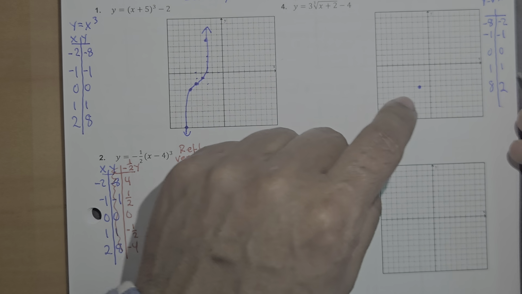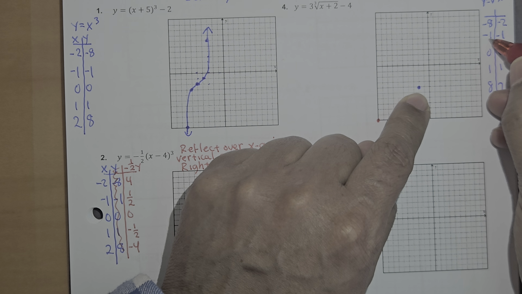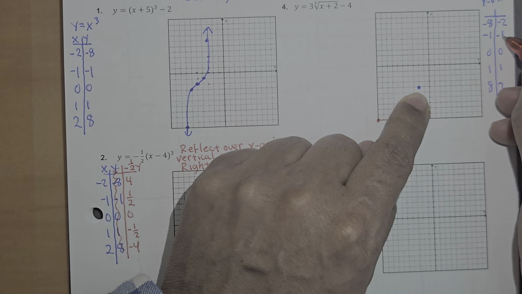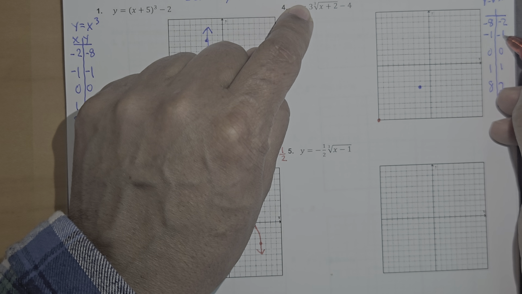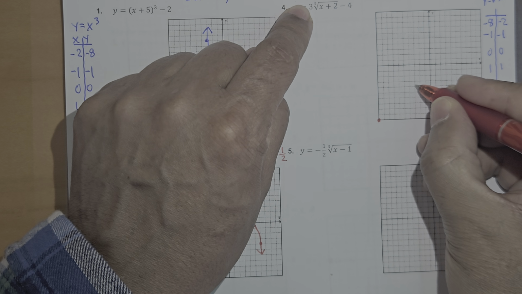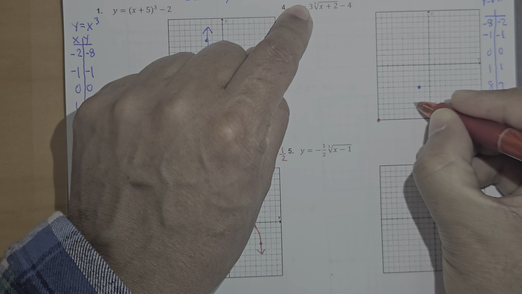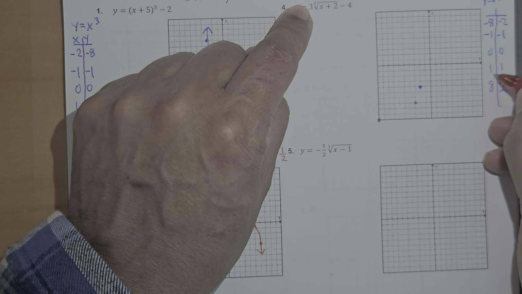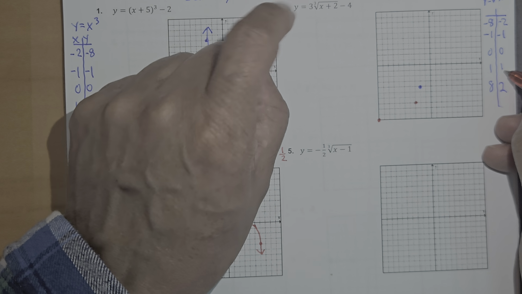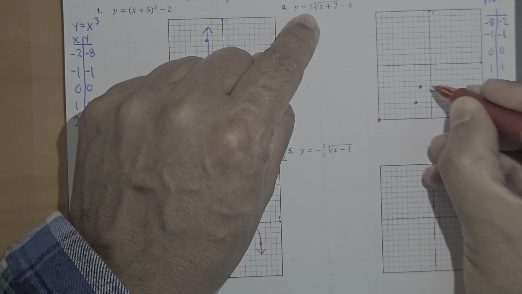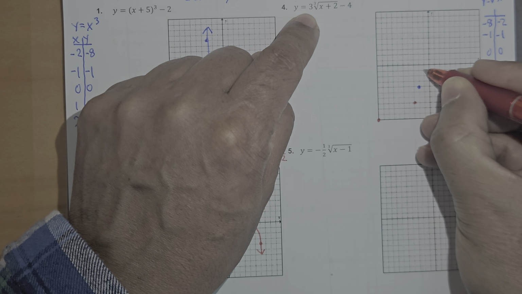If I go left 1, I'm supposed to go down 1, but then multiply that by 3, so go down 3 instead of 1. So left 1, down 1, 2, and 3. The same thing happens to the right. If I go right 1, up 1, multiply that 1 by 3, so up 1, 2, and 3.